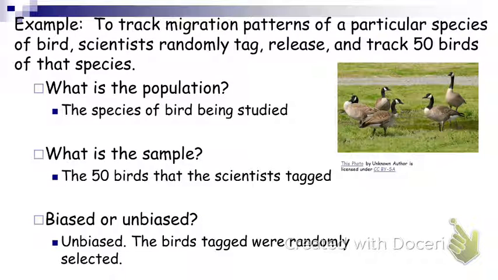It's going to be unbiased because the birds that we tagged were randomly selected. We're just trying to get a handful of the birds to be able to track. And a lot of times with these types of surveys, when you're tagging different populations of animals, they would be unbiased.